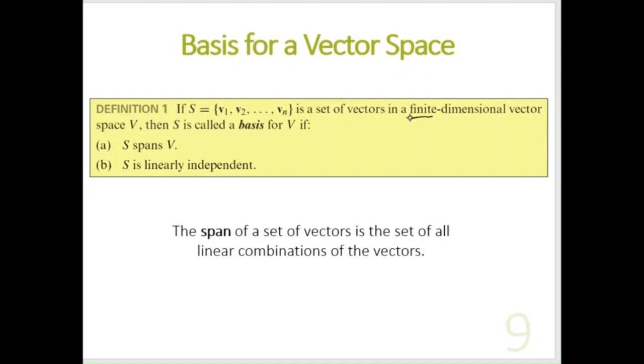When you see the words finite dimensional, that means there is a finite set of vectors in V. Then S is called a basis for V if A, S spans V, and B, S is linearly independent.